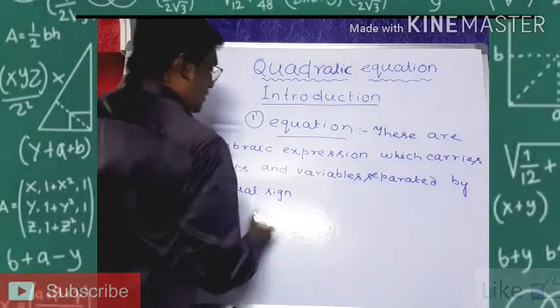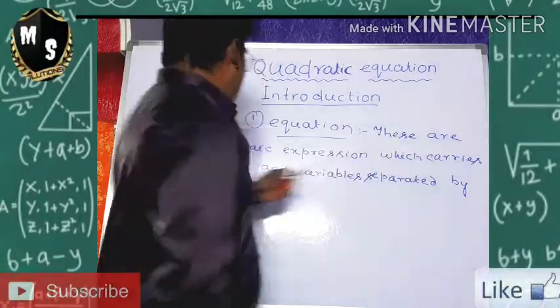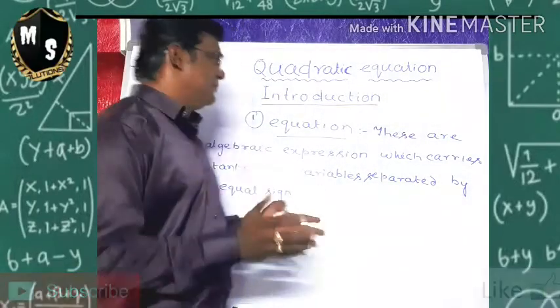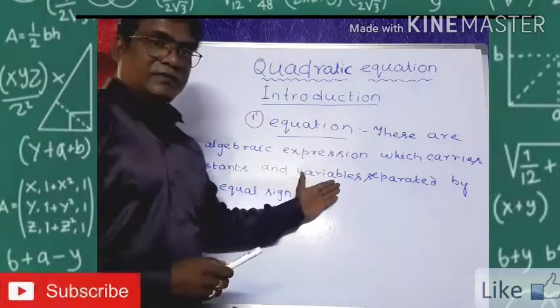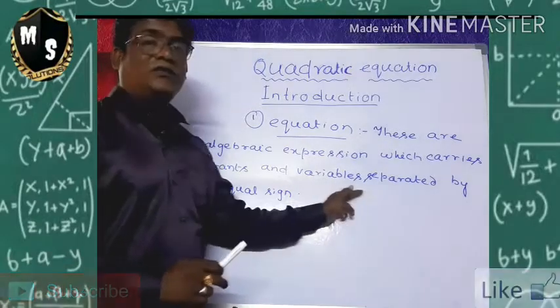Clear? So clearly I am writing here, equation. These are the algebraic expressions, the expressions in algebra, which carry the constants and the variables. Again two terms came. One is called constants, another is called variables.